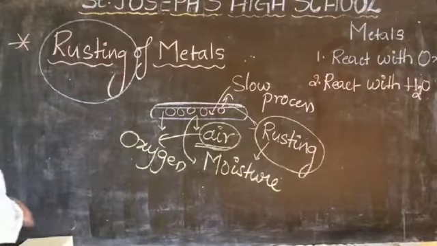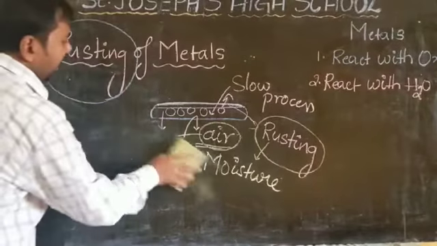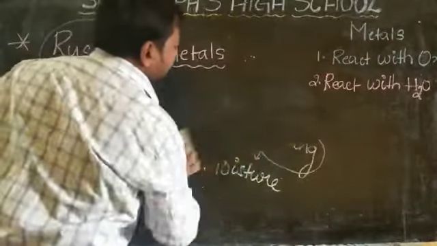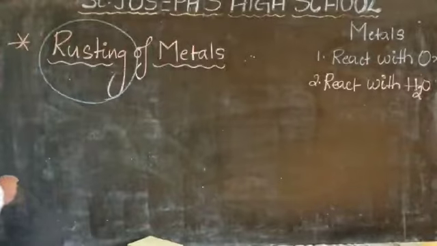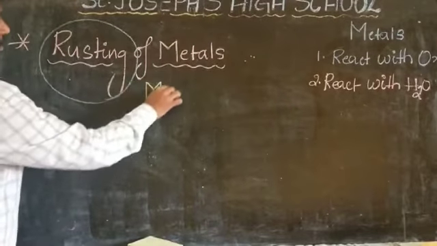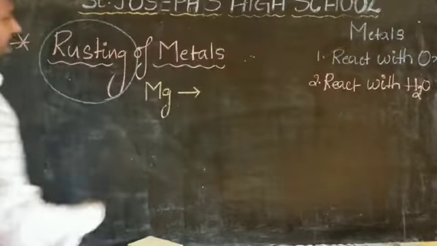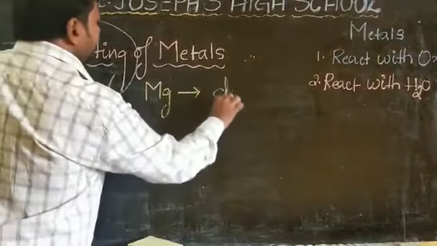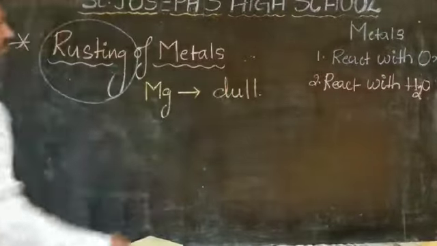Is it clear? If you observe some metals, how they convert after rusting: observe the magnesium ribbon. After rusting, it appears so dull.